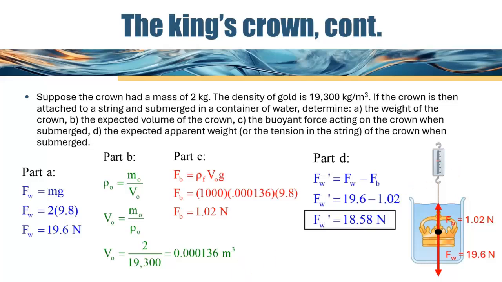And if we then dipped the crown in water and we did get an apparent weight of 18.58 newtons, then we know that what happened in real life matches our calculations, which are based on pure gold, and therefore we can prove or feel fairly confident that the crown is made of pure gold.